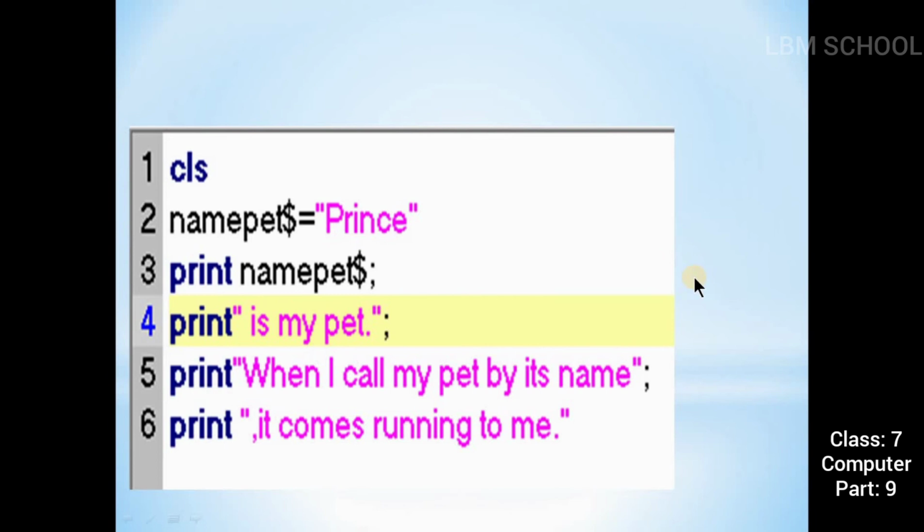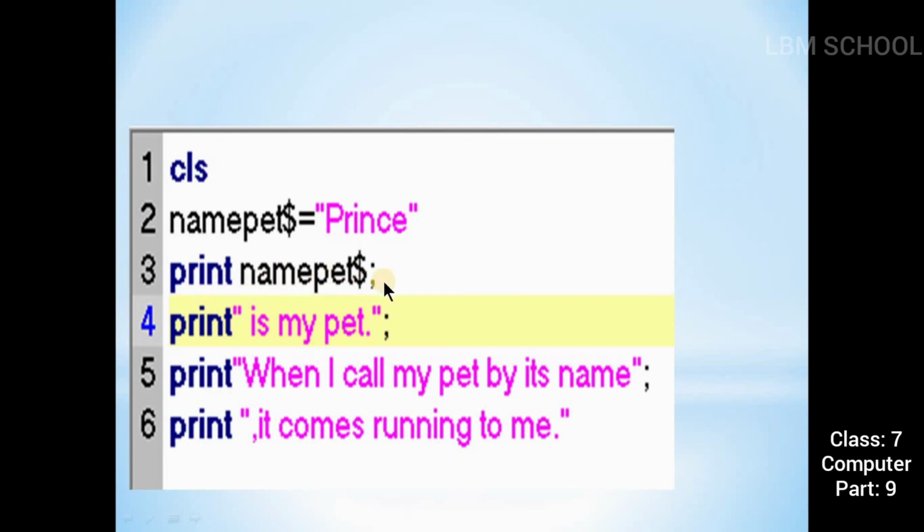After this, Prince is loaded in name pet$. We are assigning the name, or this text, inside name pet$. I want to print that name, which is Prince, so I write print the string variable.